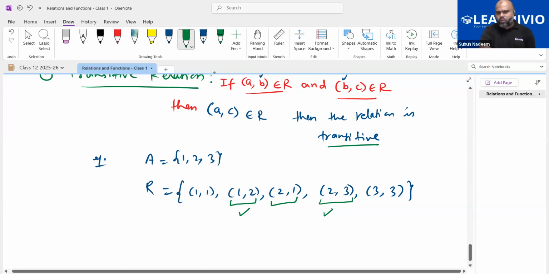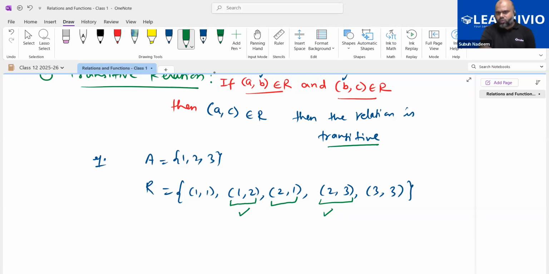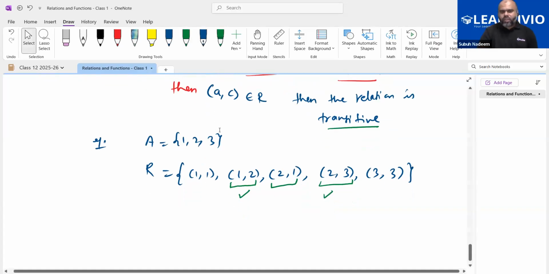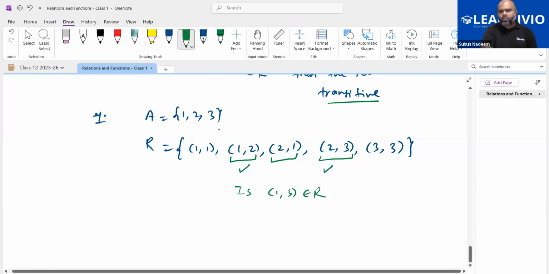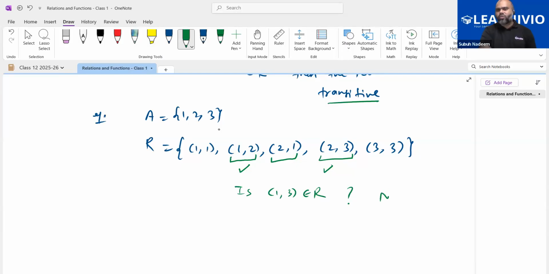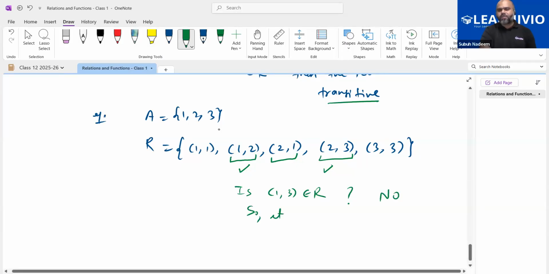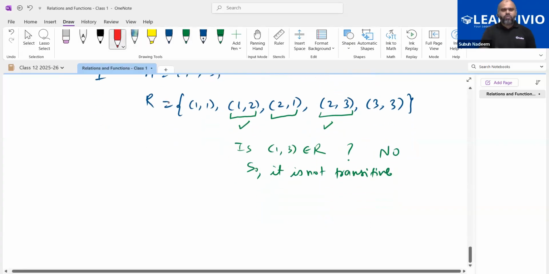So (1,2) belongs to the relation R and (2,3) belongs to the relation R. Then what we need to check is whether (1,3), the first element of the first pair and the second element of the second pair, also belongs to the relation R. But you can't see it anywhere in this relation R. So you will say no, it is not transitive.